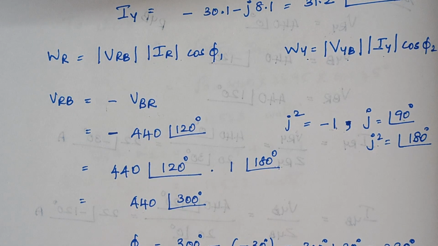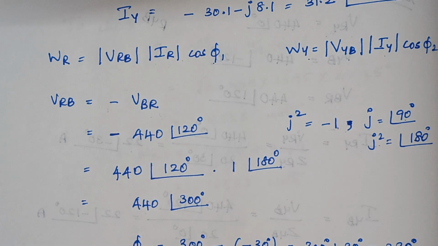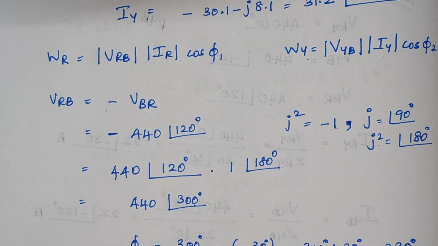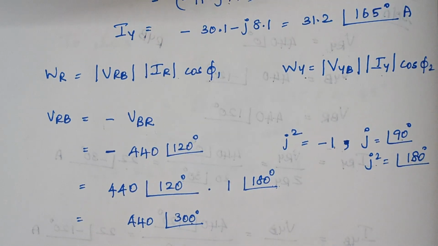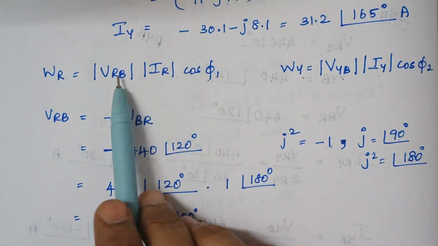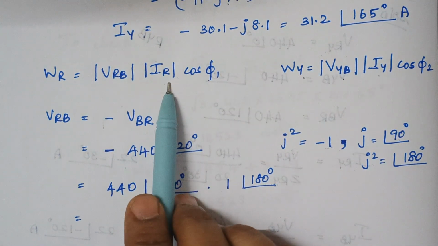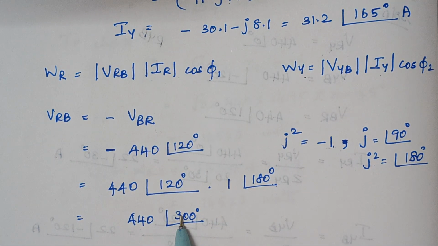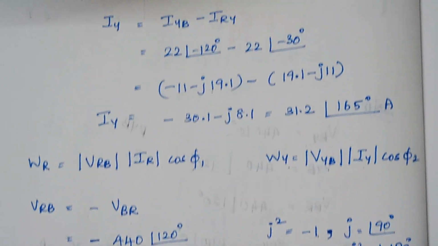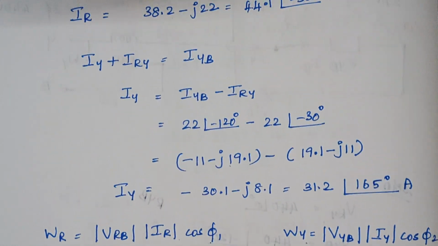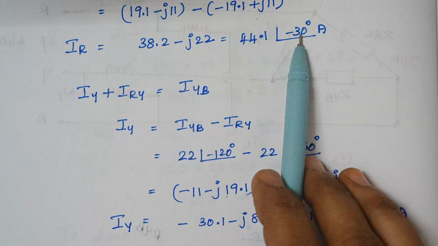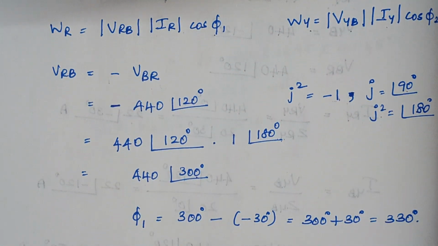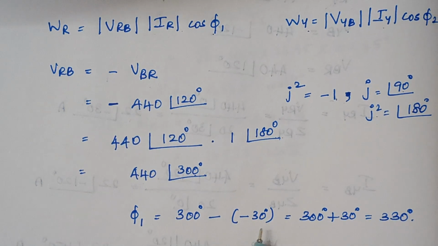The next one is calculating phi 1. Phi 1 is nothing but the angle between VRB and IR. Here the angle of VRB is 300 degrees. What about the angle of IR? The angle of IR is minus 30 degrees. So phi 1 is nothing but 300 minus of minus 30.